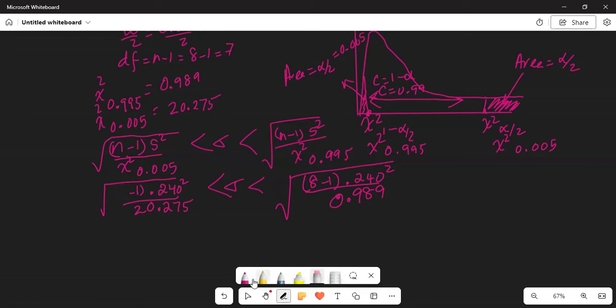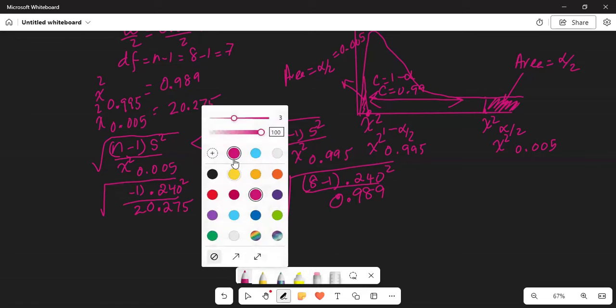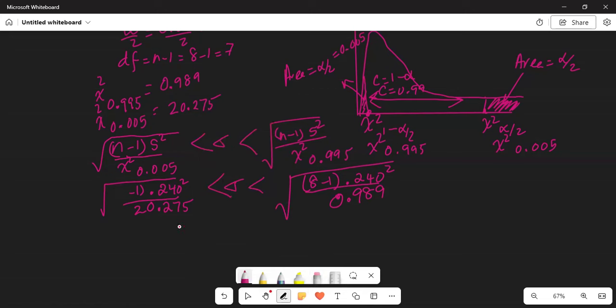Okay, so let's do the calculation. So 8 minus 1. Under the square root, in my calculator, inside the square root, 7 multiplied by 240 squared, divided by 20.275.